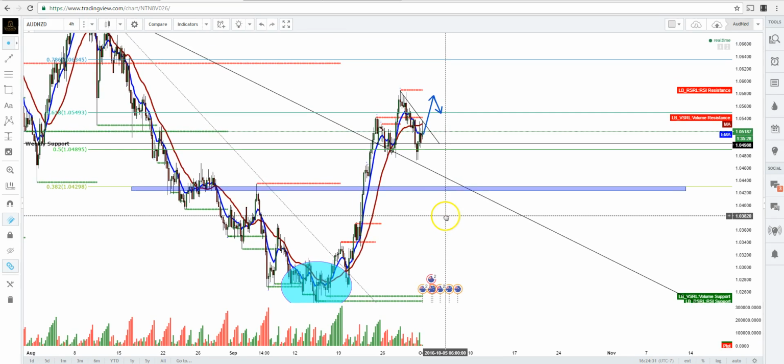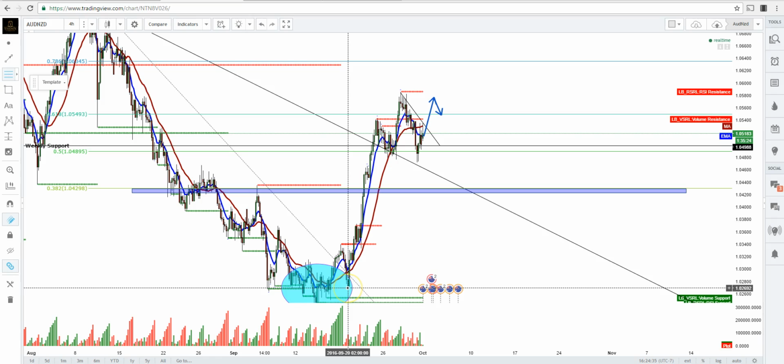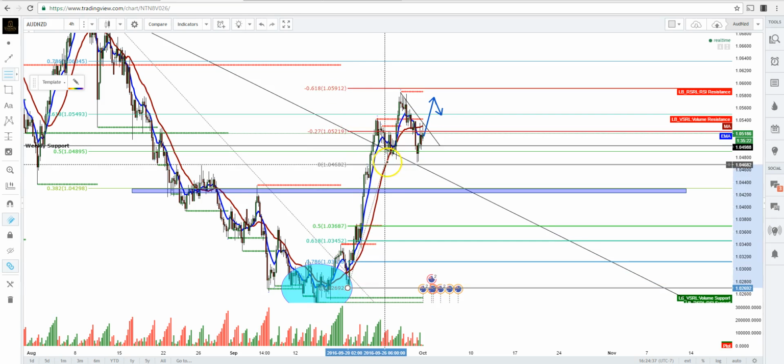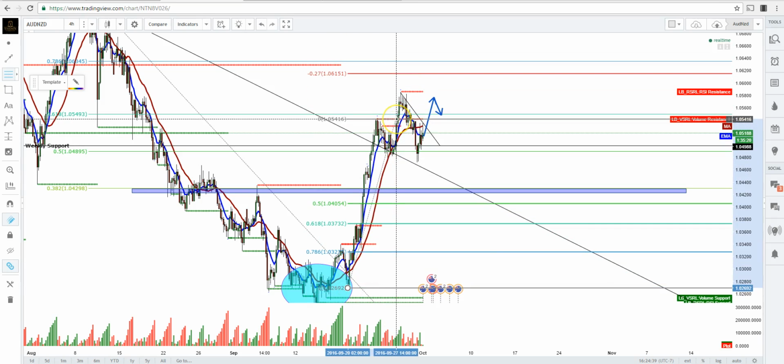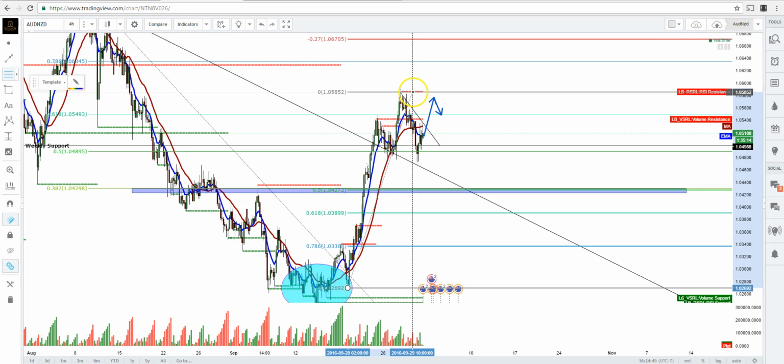So if I take my Fibonacci tool and draw it for my first higher low, to my high, this will be my AB leg.